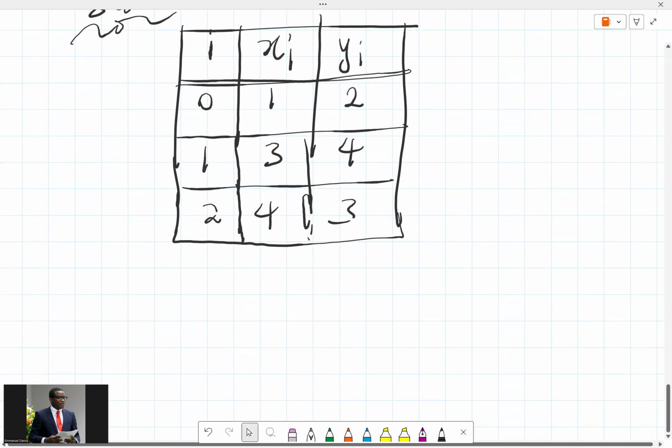Now with this we can go ahead and remind ourselves of the general formula.